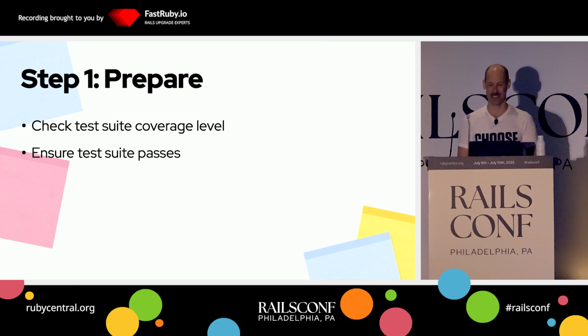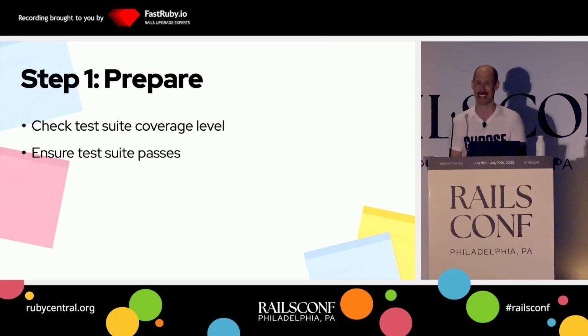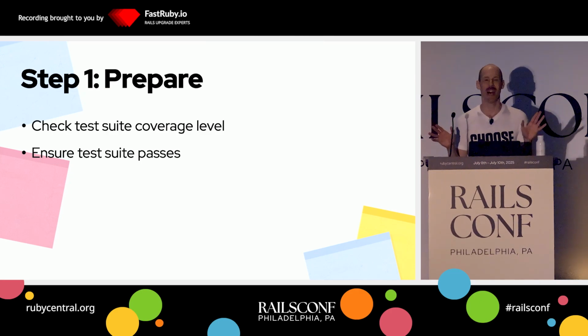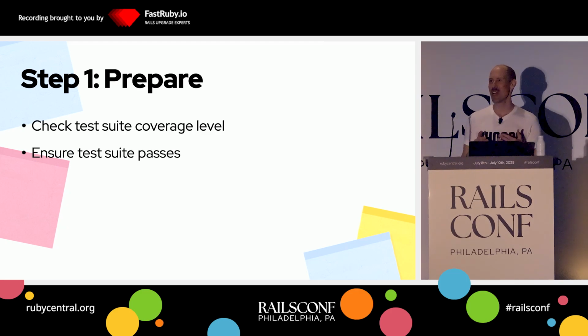Where are the holes in your test coverage? Make a note of that and keep it in mind for later on when we take a look at what different defaults touch. And then also, it goes without saying, you've got to make sure your tests pass. Like, if your tests are failing in main, number one, let's have a talk after this. But number two, you're not going to know if one of your default changes has broken your code or not.